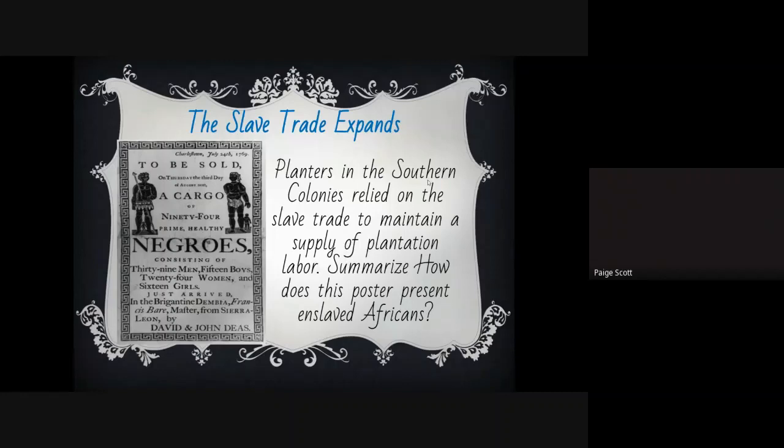So here we will see a flyer talking about slaves.